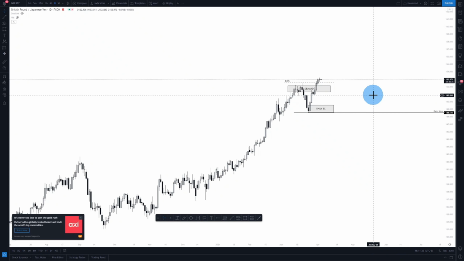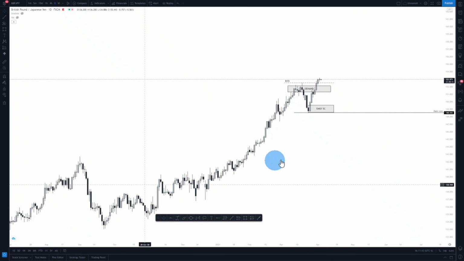We are going to be looking to take our trades on the M15 time frame. So basically, when the market comes to this area, we're just going to shift to our M15 time frame and look at our entry types, our setups which we take entries on. I'll do another video showing you my entry types, and you'll be able to get a clearer view of what I'm speaking about when I say entry types.